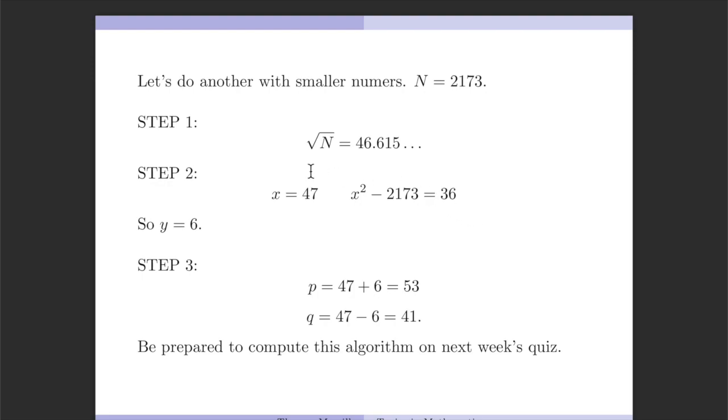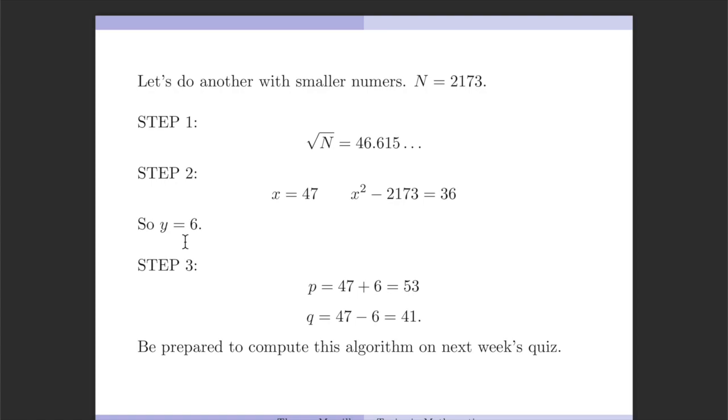Step 2, I'm going to start guessing x's. My first guess is just going to be 47. I'm rounding up to the next integer. I calculate 47 squared minus 2,173 and that gets me 36. That's a square I've got memorized, so y is 6. I'm already done, again, in one step.